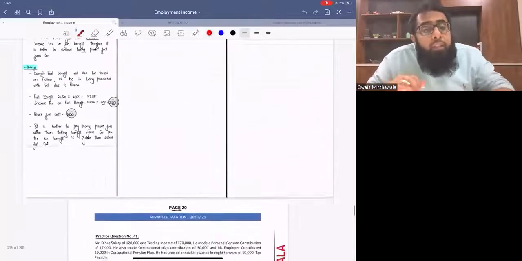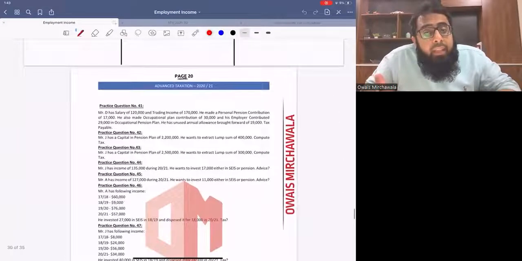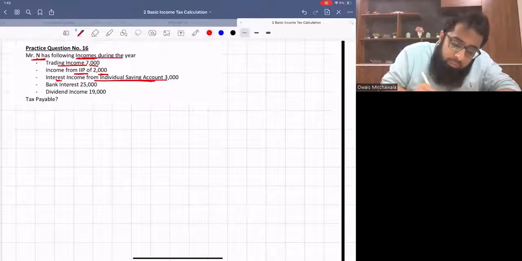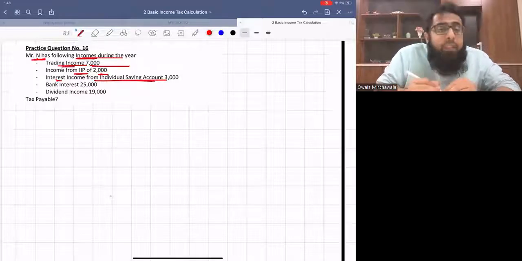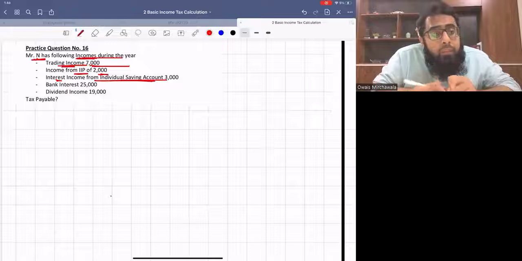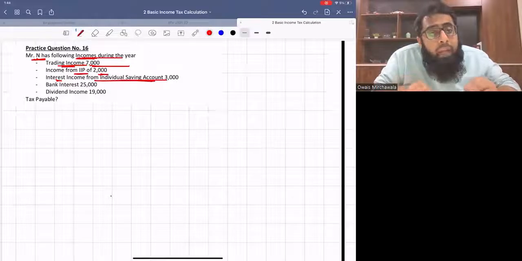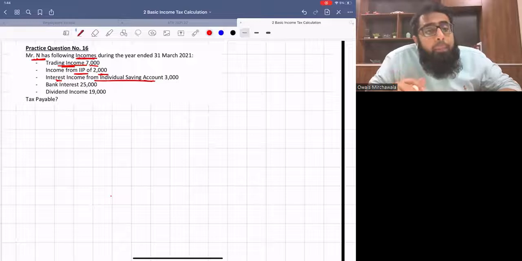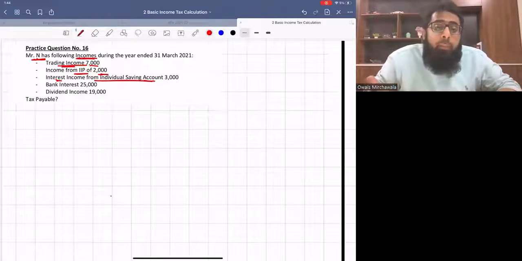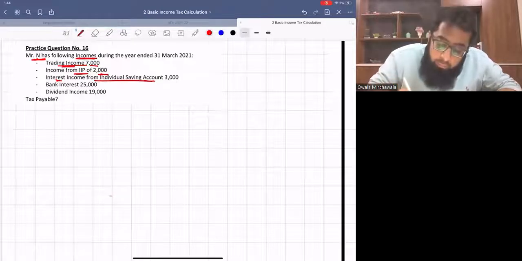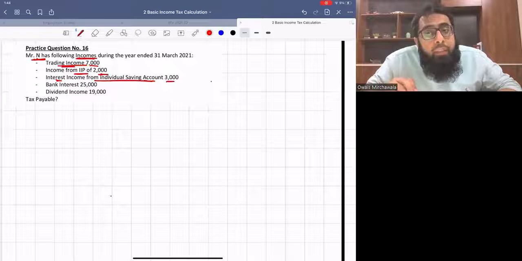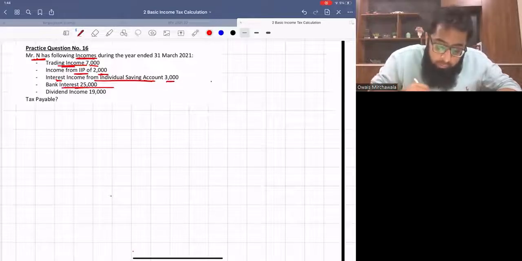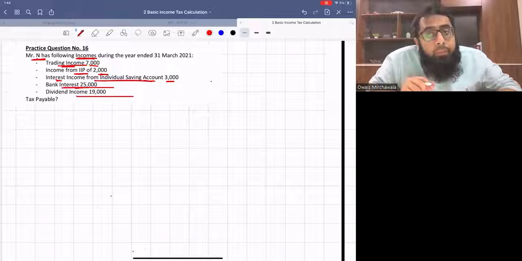Mr. N has the following incomes. Trading income 7,000. Income from IIP, non-saving head, 20% withholding. Income from individual saving account, it is exempt. Bank interest 25,000, dividend 19,000.